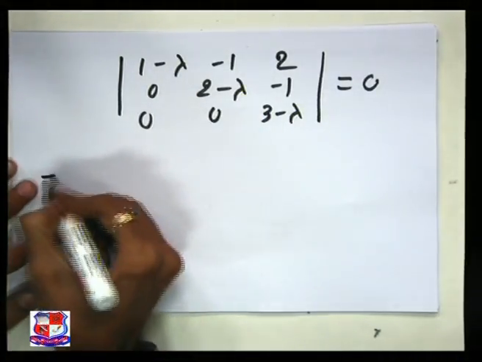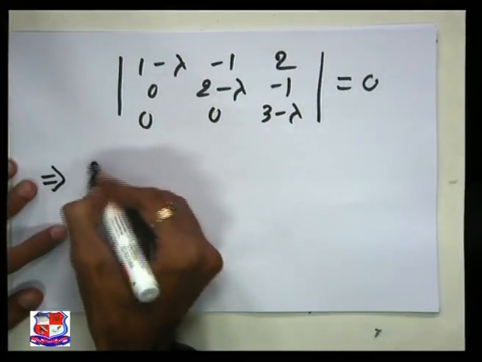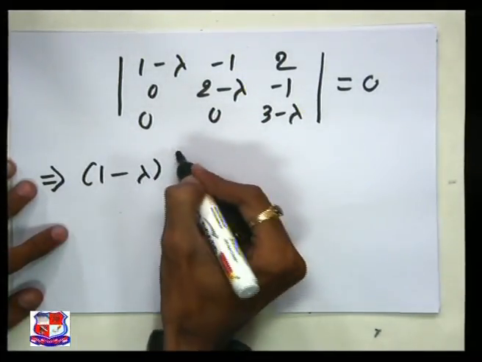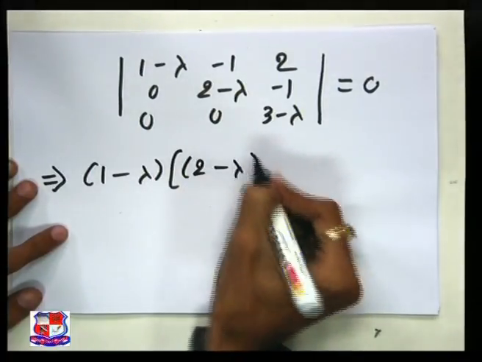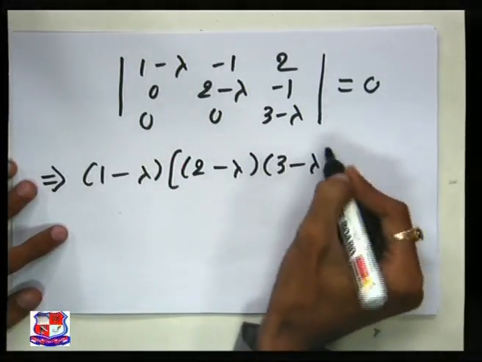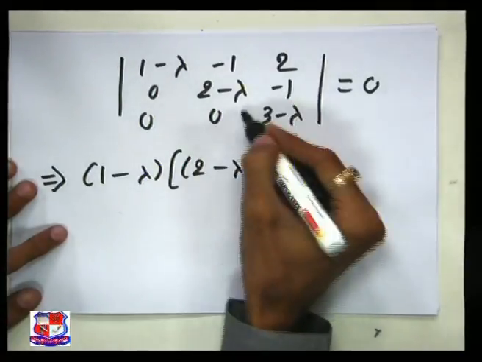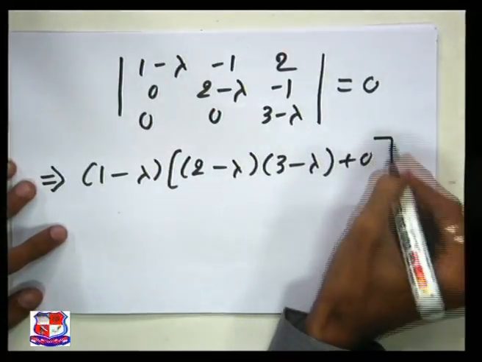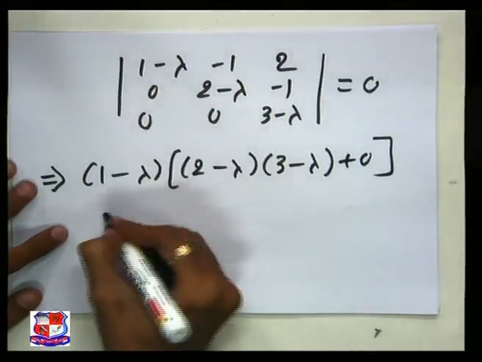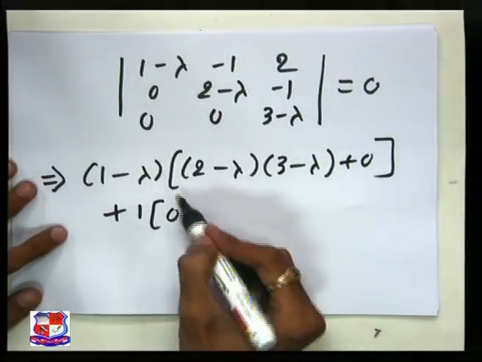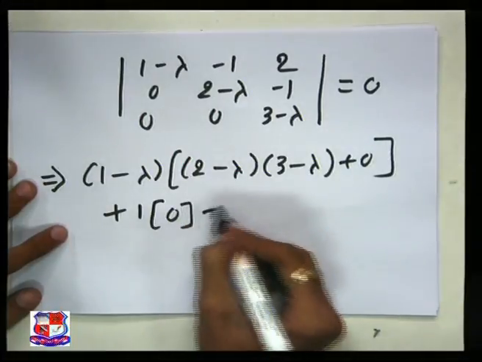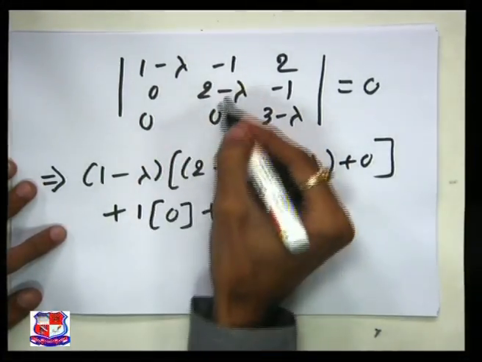If we expand the determinant, I will get 1 minus lambda into (2 minus lambda)(3 minus lambda), then minus minus plus 0 into something, and then plus 2 into something, where the terms involve 0 into 0, which is 0.